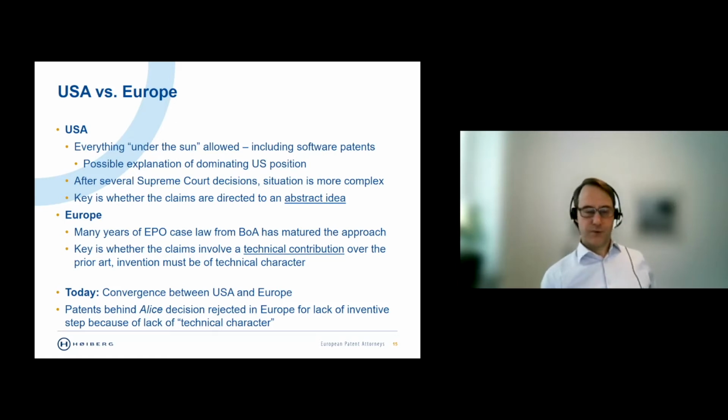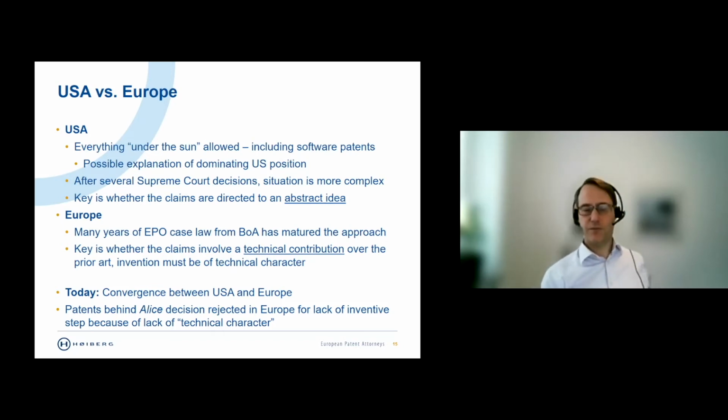Under the Obama administration, at some point, there were cases in the Supreme Court where they scrutinized this a little bit more and came to the conclusion that it doesn't make sense to be able to do all this. There were some really decisive cases.